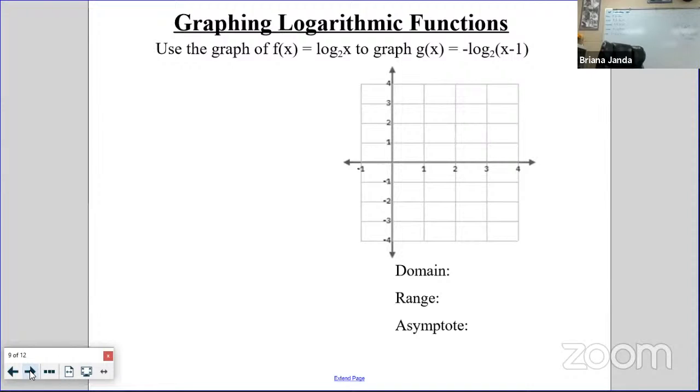All right, let's start with that table. We should use our basic log base 2 of x.